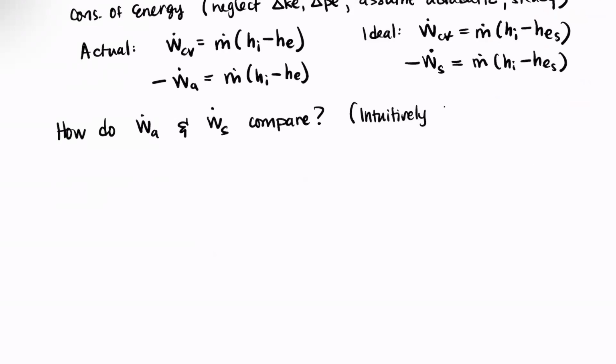So intuitively, we expect that it's going to take us more power to run our actual system over an ideal system. All right, but let's show this with the math.